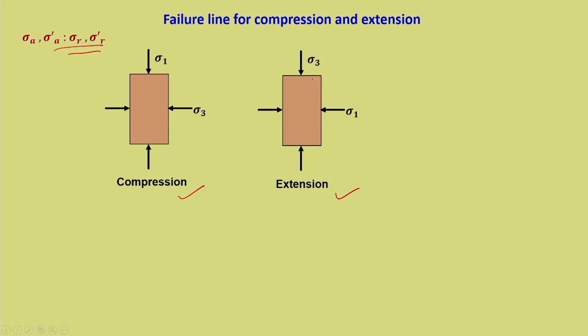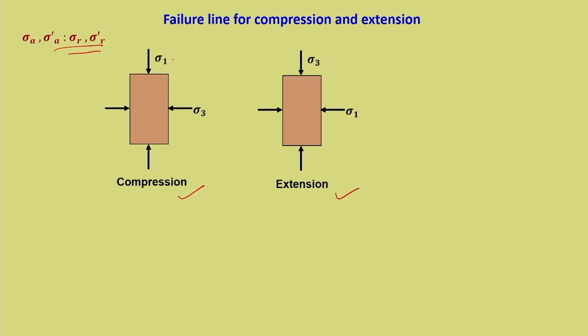When a larger stress acts radially, it has a tendency to squeeze the soil apart, and squeezing is just like extension. So the same compression, but a different manner of stress application, can result in extension. It is not direct extension that we are talking about. So these are two cases.